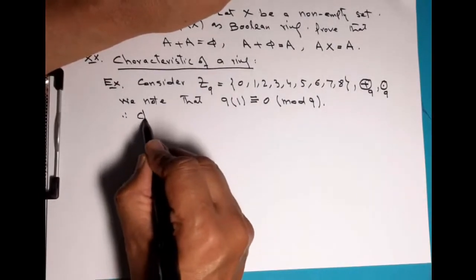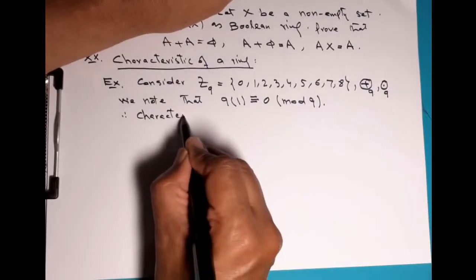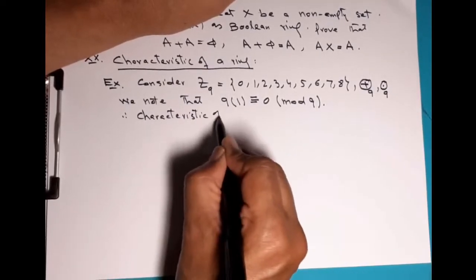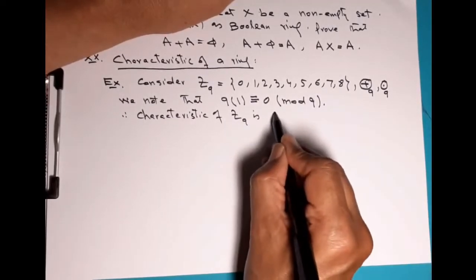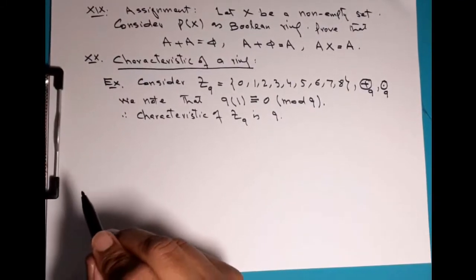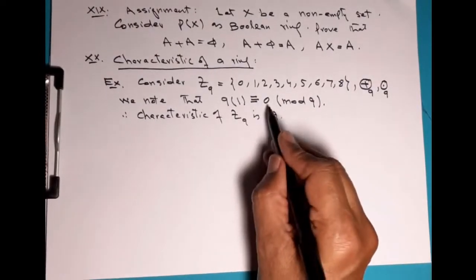Therefore, the characteristic of Z9 is 9. So characteristic is the least positive integer which when multiplied with the multiplicative identity gives 0.